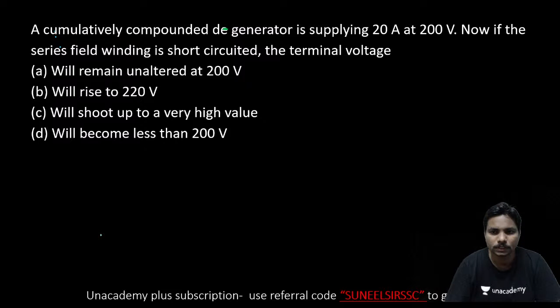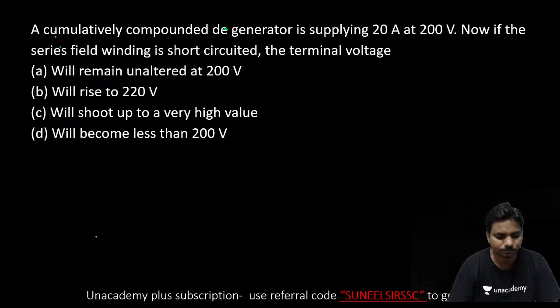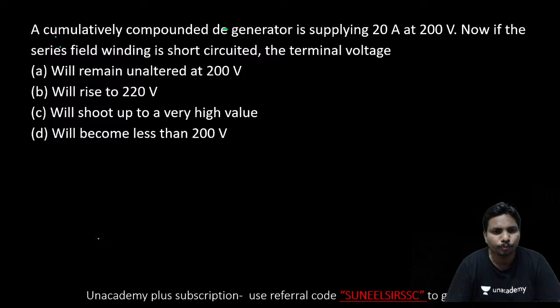Now, if the series field winding is short circuited, the terminal voltage is dash. Come on, try it. A cumulatively compounded DC generator they have given.